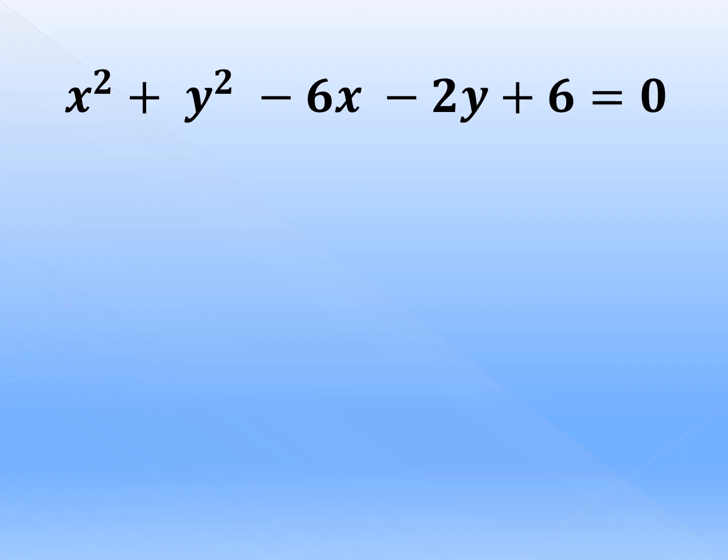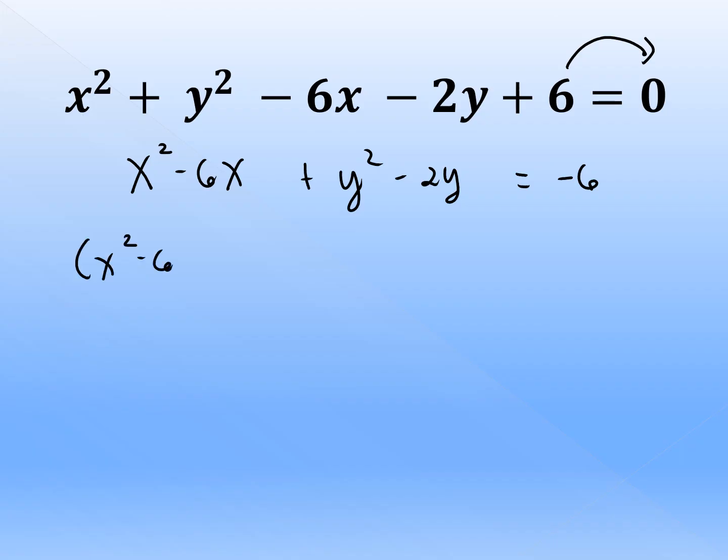The first thing that you're going to do is to combine like terms. So we have x squared minus 6x plus y squared minus 2y is equal to, transposing 6 to the other side, negative 6. Now we're going to have x squared minus 6x plus, we need to know what we are going to add here.